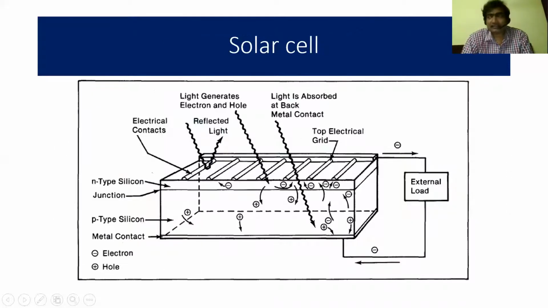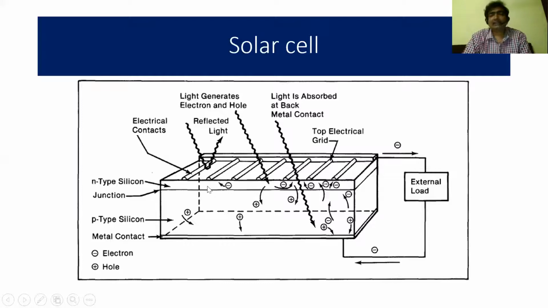So the same internal photoelectric effect is the principle behind the working of a solar cell also. Whenever a photon falls on the junction part, the PN junction, it will create electron hole pairs. The built-in potential will separate electrons and holes. So the built-in potential pushes the electrons into the N region, and pushes the holes into the P region.